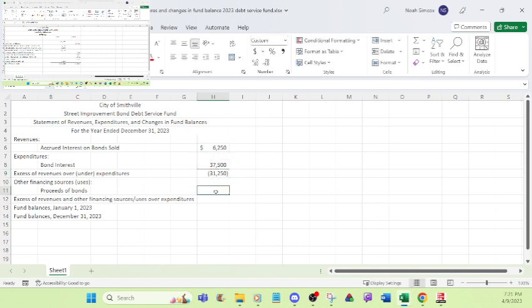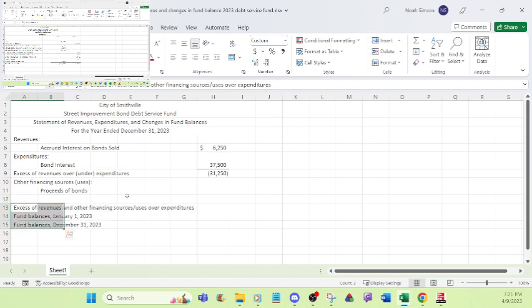Other financing sources. Now we actually have multiple financing sources, so can I please move these down? Thank you. We have premium on bonds.